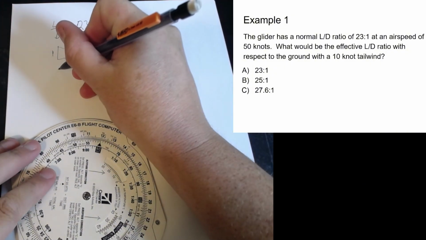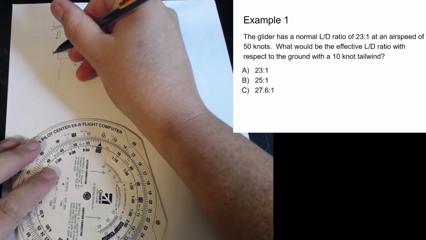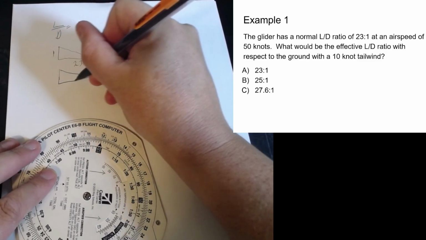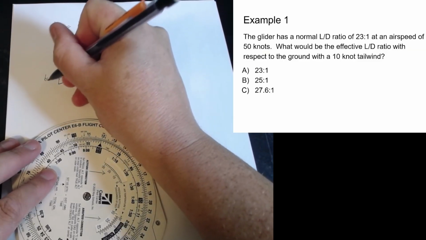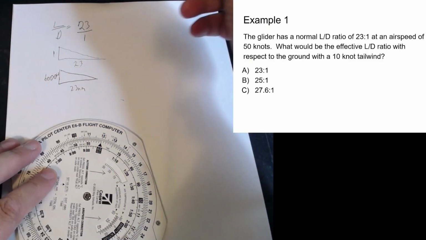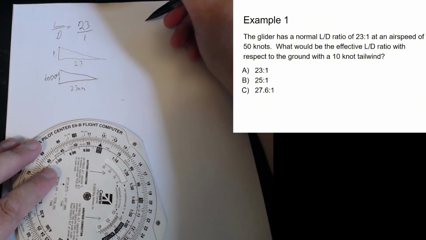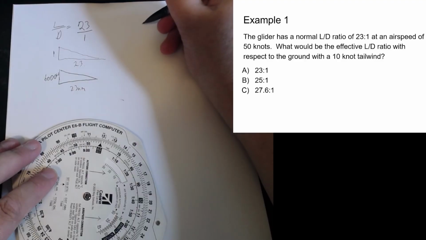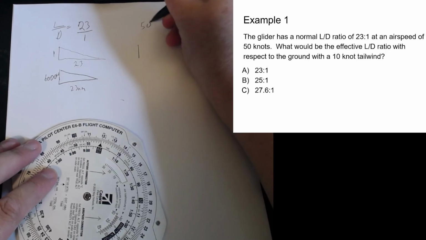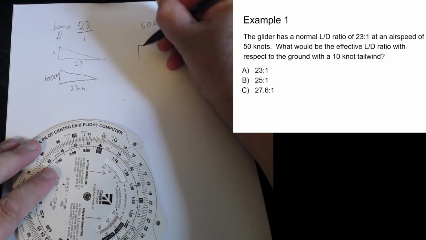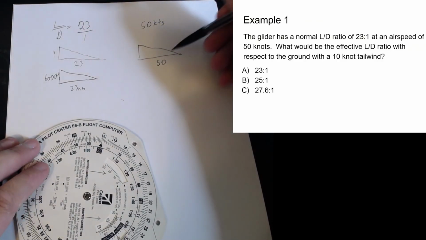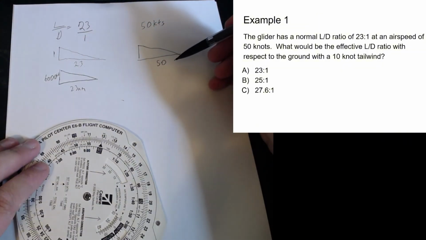This could be 1 nautical mile to 23 nautical miles, but it's much more useful to talk about it in terms of 1 nautical mile is 6,000 feet, 23 nautical miles. We also know that this normally happens at 50 knots. This looks like our standard L over D problem.